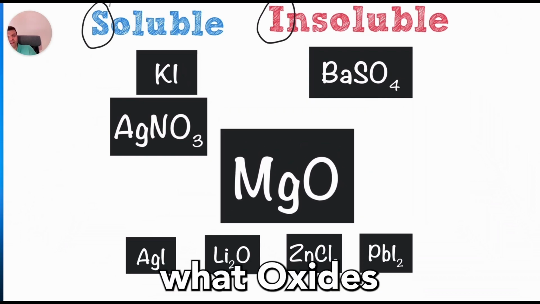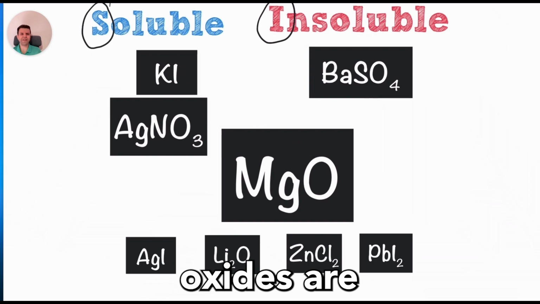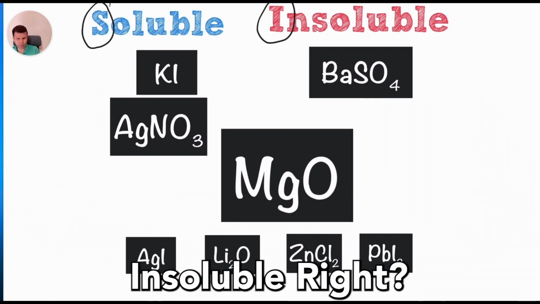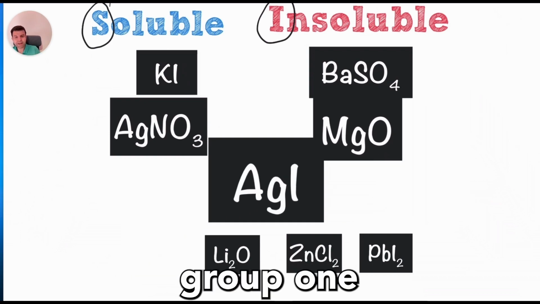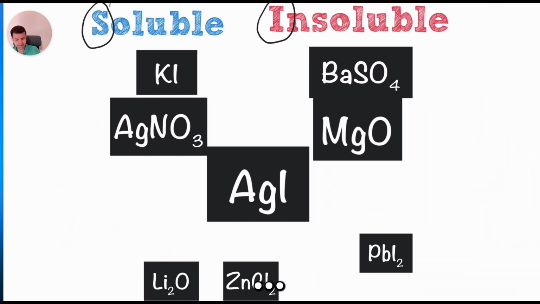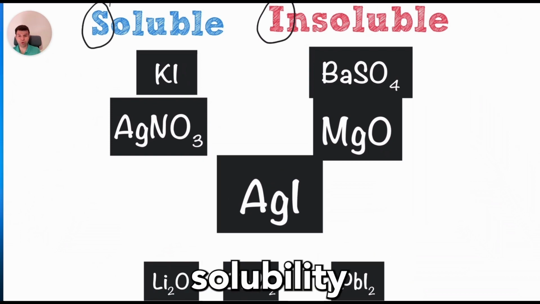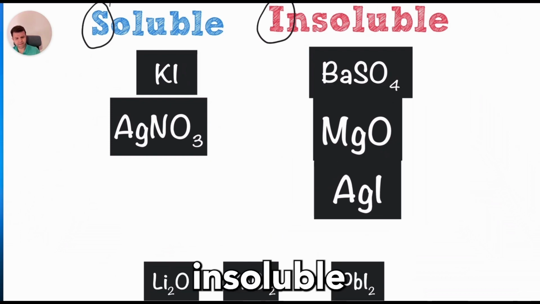Oxides, like magnesium oxide, are usually insoluble, unless they are with group 1. But magnesium is not a member of group 1. Silver iodide: when I see silver, I always doubt the solubility, and iodide is going to be insoluble.